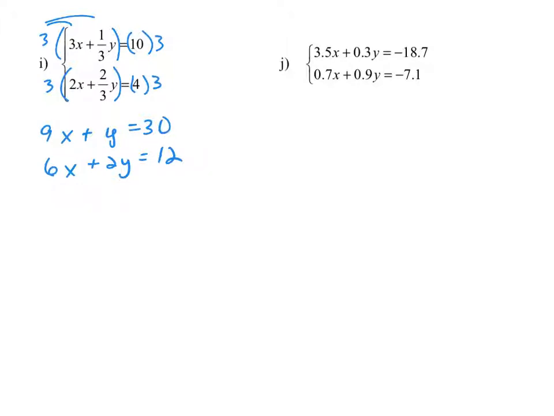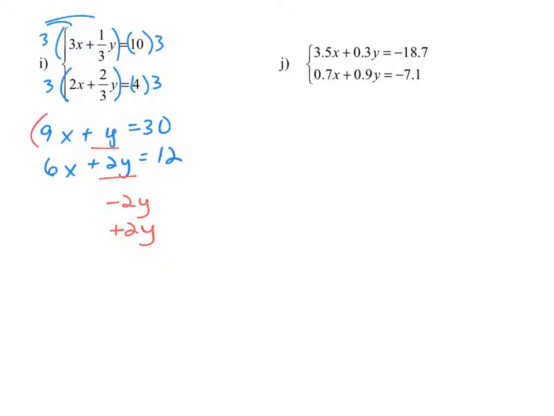Now we can see that the x terms are lined up, the y terms are lined up, and the equal signs are lined up. Now we want to get opposite terms, either opposite x's or opposite y's. And I want to look at these y terms, because if we make the first equation have a negative 2y and that second equation is already a positive 2y, then we're going to have those opposite y terms.